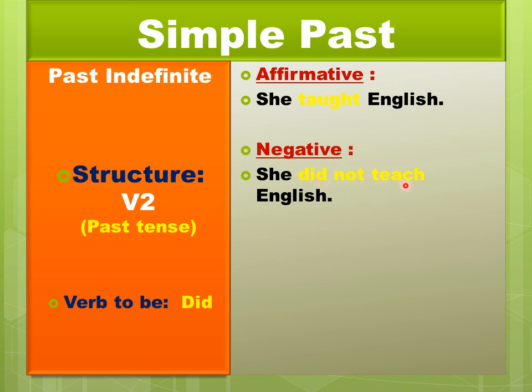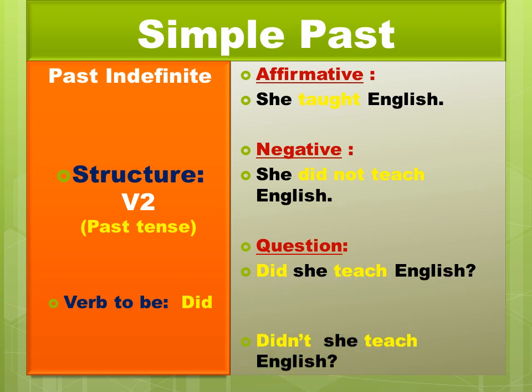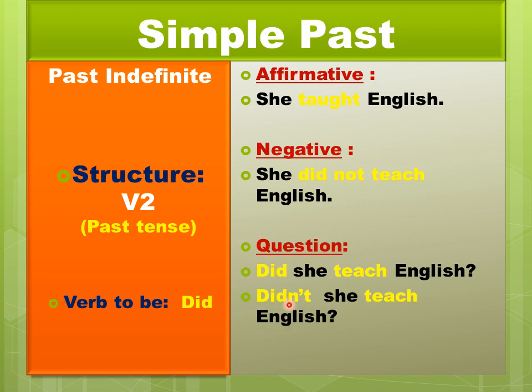She did not teach English. A question. Did she teach English? We can also frame it the other way, like didn't she teach English? Here did is the verb to be.